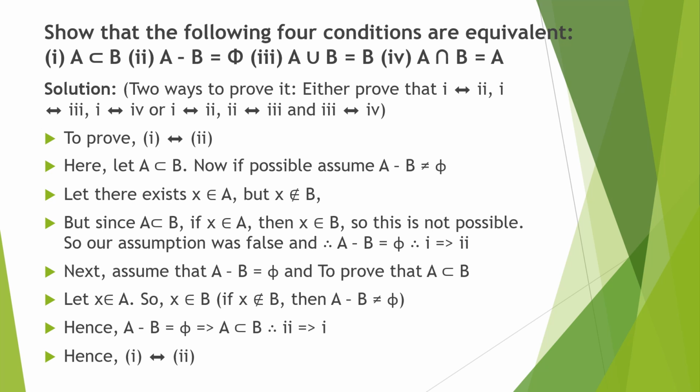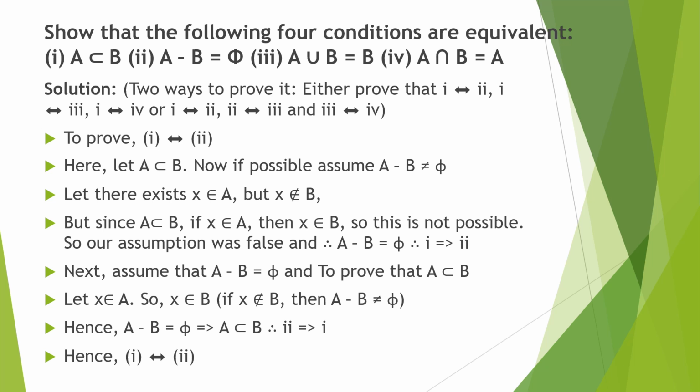Elements which belong to A but do not belong to B. But since A is a subset of B, if X belongs to A, obviously X belongs to B. So our assumption is not possible. That means A minus B is the null set. So we have shown 1 implies 2.